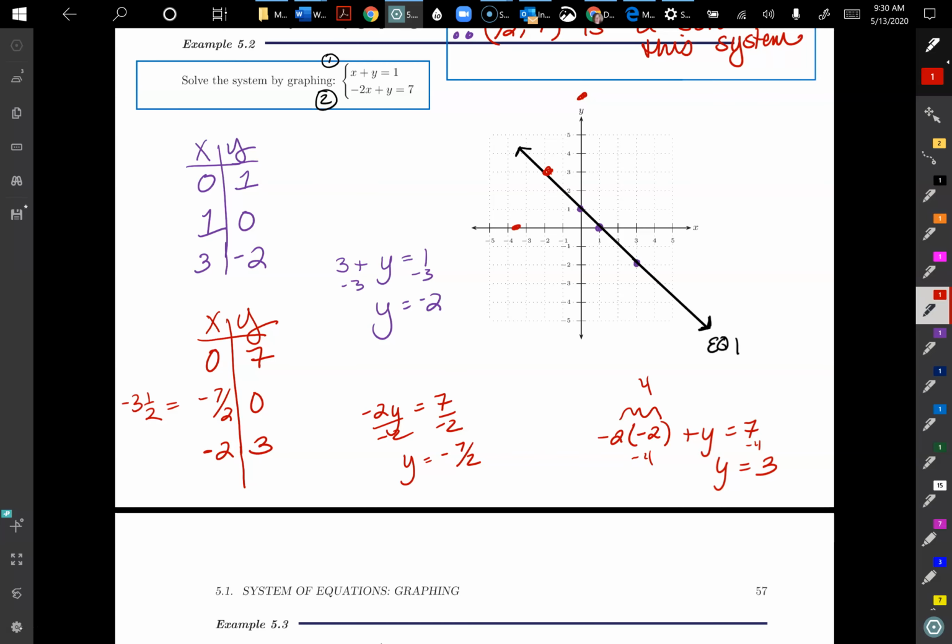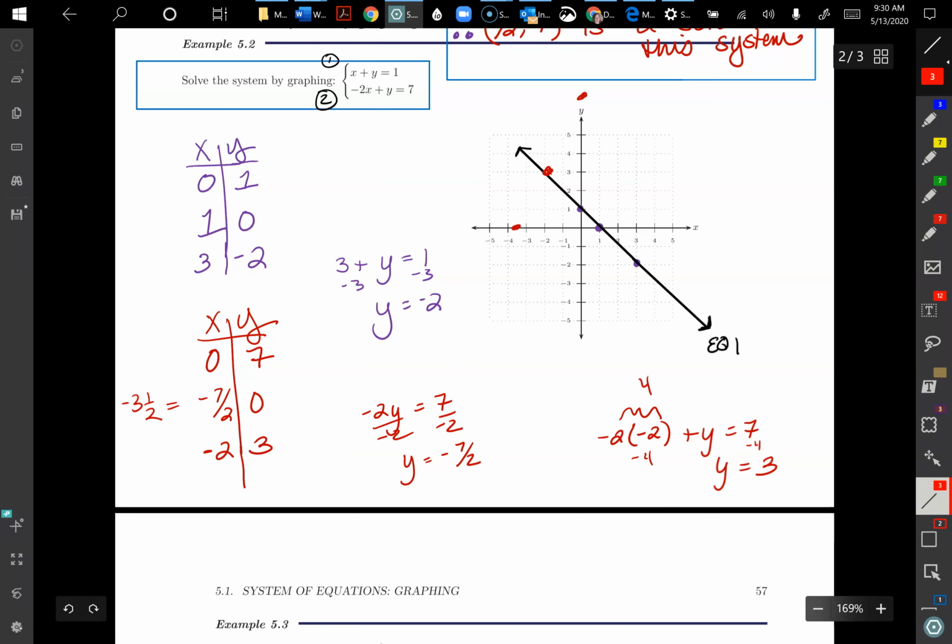So not too bad. We should probably plot a couple points on these as well. So once I graph this line, I'm going to do that. So I'll make my arrow here, I'll make a line, and then I'll wiggle that over a little.